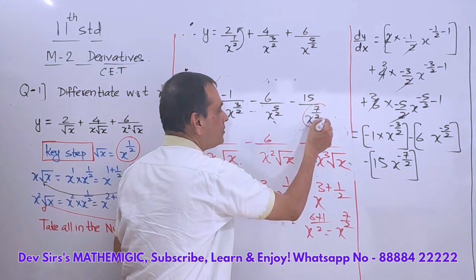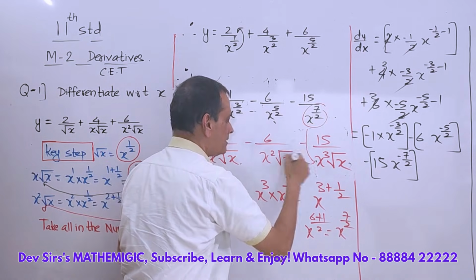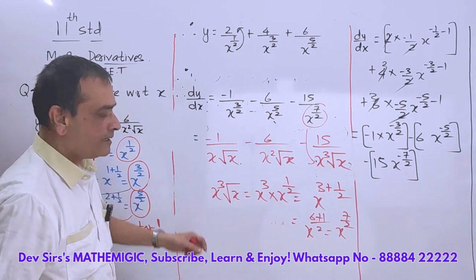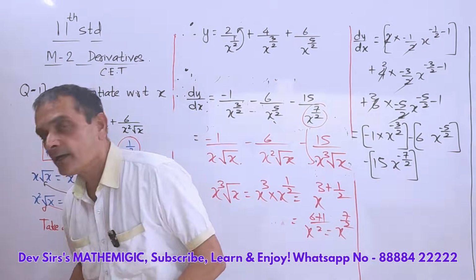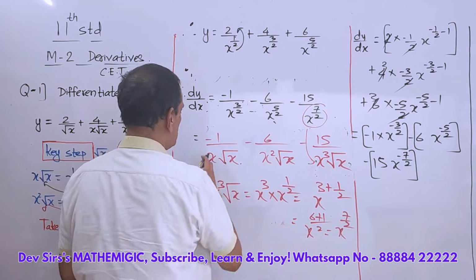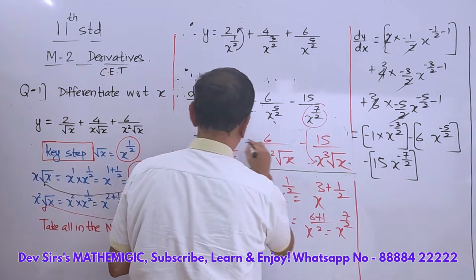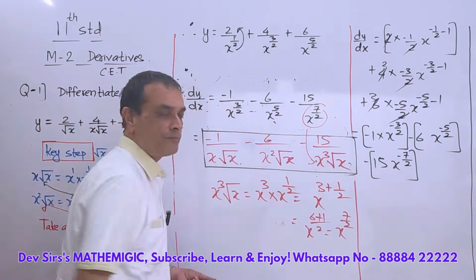Therefore, x raised to 7 by 2 can be written as x cube root x. Right? Isn't it interesting? So this option was given finally for CET. This option was given. So this is our answer.